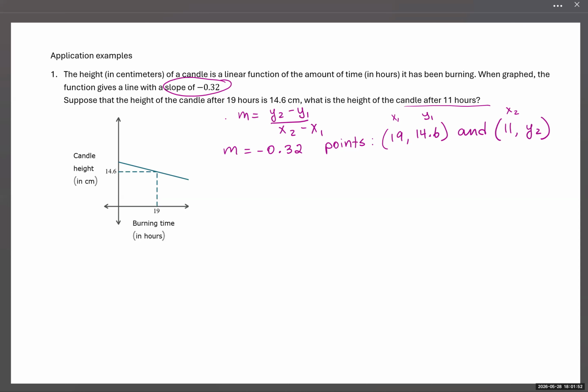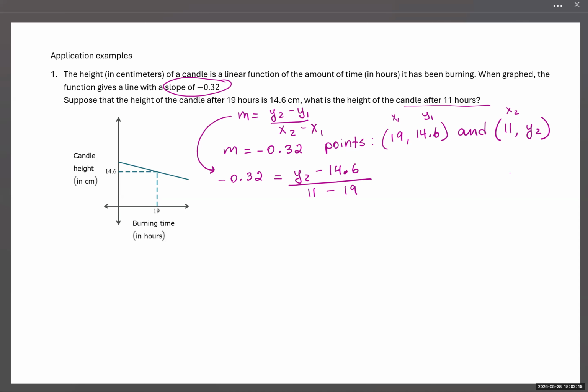Let's go ahead and plug in values into this formula. So we have m, which is negative 0.32. We have y2, which is unknown. We have y1, which is 14.6. And then in the denominator, we have 11 for x2 and 19 for x1.